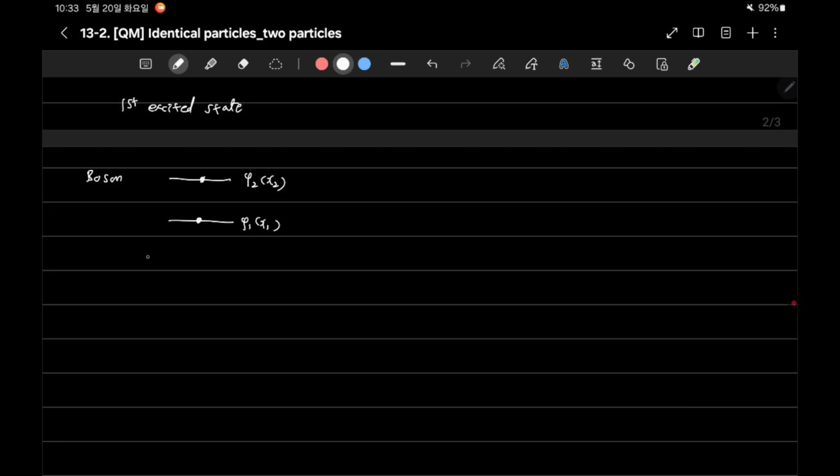In the boson case there is only a single state, with no degeneracy. The psi 1, 2 is symmetric in x1 and x2, and the spin state is 0, 0. It is the bosonic case.